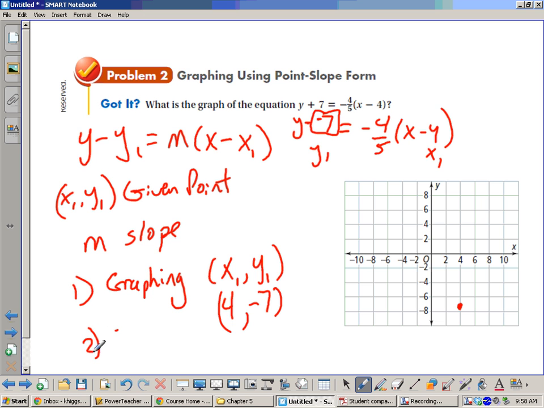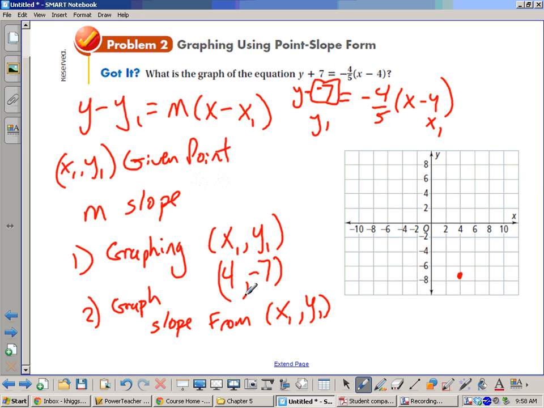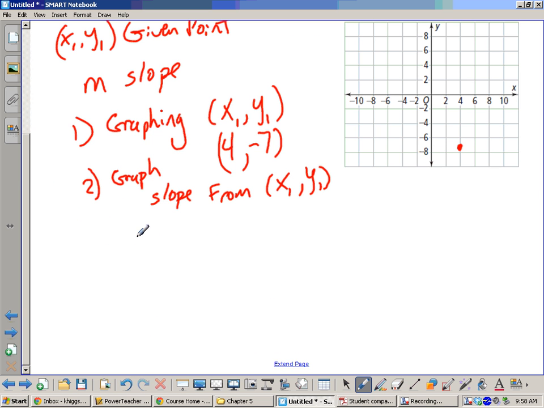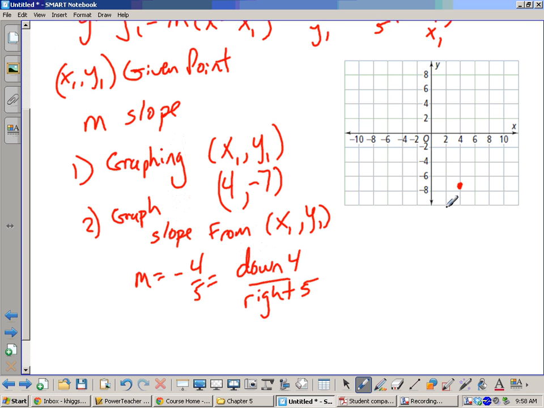So the second thing you're going to do is graph the slope from the given point. So we have to go down 4 and to the right 5. So -4/5 is our slope. So if m is -4/5, that means down 4 and to the right 5. So from here, we're at -7, we're going to go down 4.